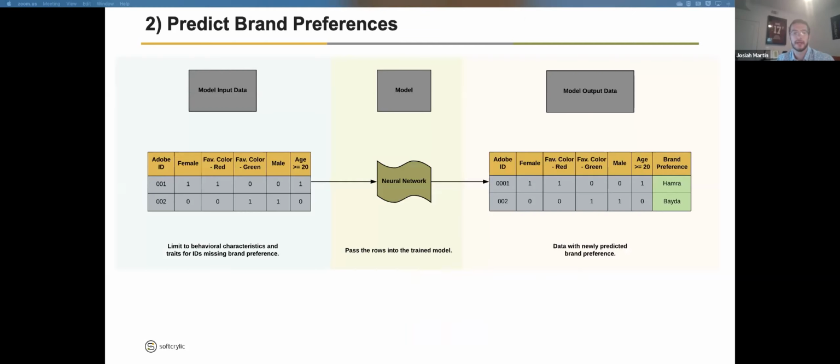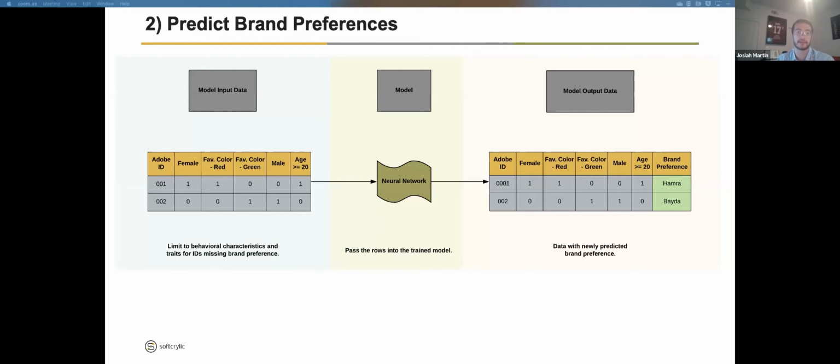The outcome we're really interested in, as we discussed at the beginning, is whether a customer has a greater proclivity to book with Hamra or with Bida. We only have about those 500,000 where we've actually seen that transaction history. So based on this purchase history and a few other elements, we crafted a systematic way to determine the preference for these 500,000 visitors and label them as either having a Hamra affinity or a Bida affinity.